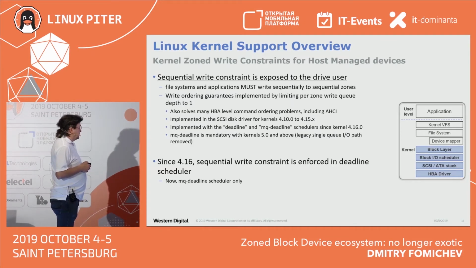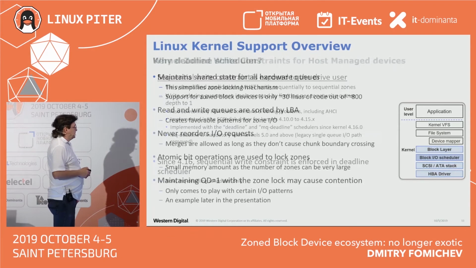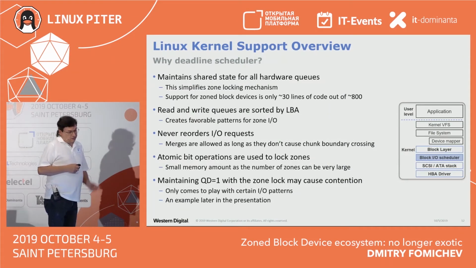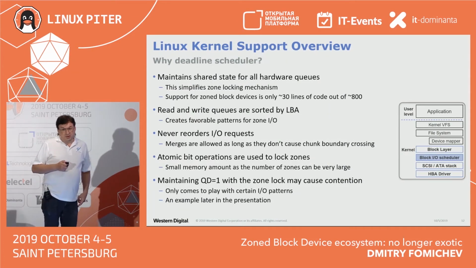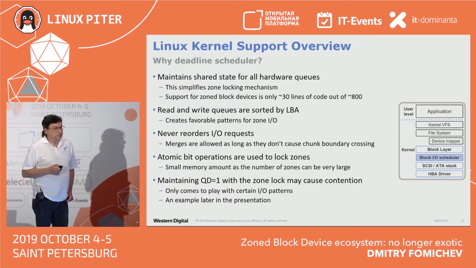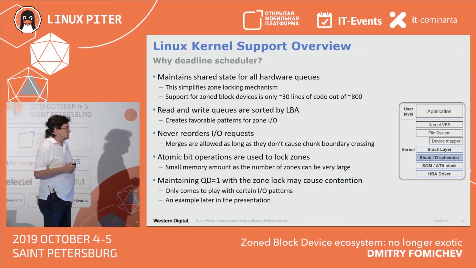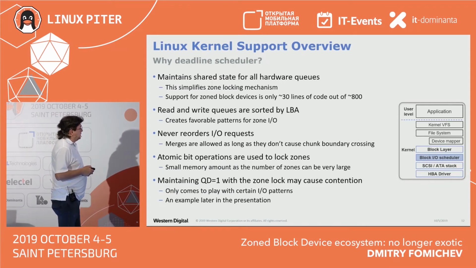So now it's in the device scheduler. Why is it in there? I was asked why kernel developers didn't just write a separate scheduler, or maybe reuse some other popular scheduler like CFQ.